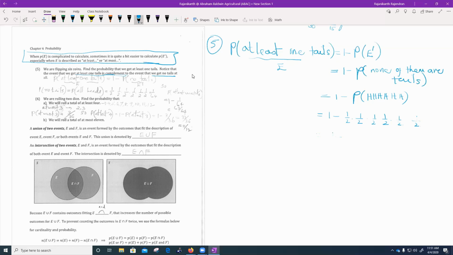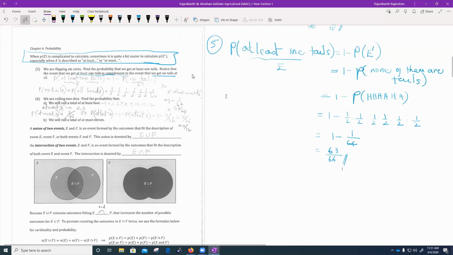If you simplify this, that is going to be 1 over 64. Then the answer is going to be 63 over 64. Okay. So what is the key point here? The key point is the complement of the event at least one is none. Okay.